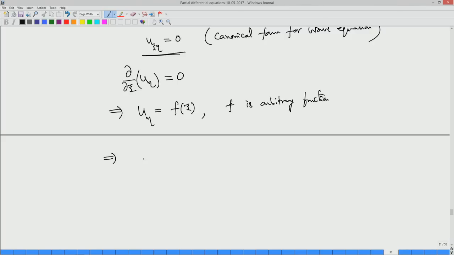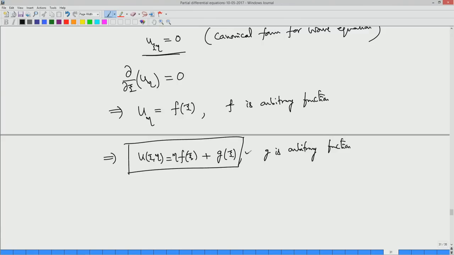Now, one more integration, you get u equal to ∫f(ξ)dξ plus some g of η, where g is also an arbitrary function. So this is the general solution of this canonical form.